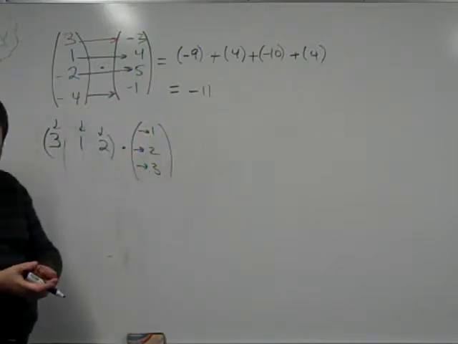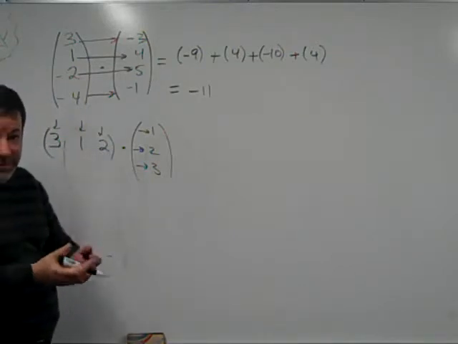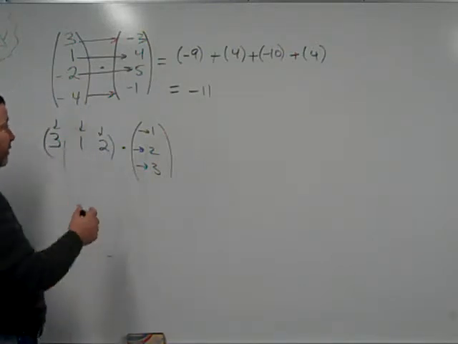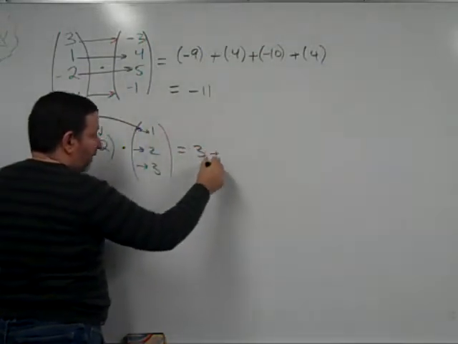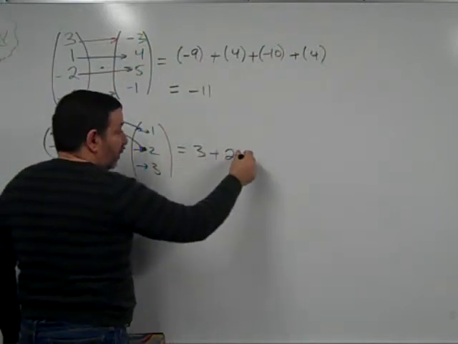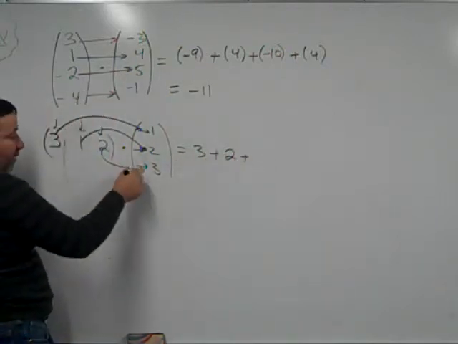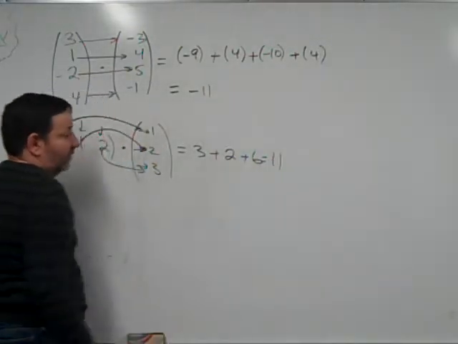You multiply the first plus multiply the second plus the result of multiplying the third. Multiply those 2, you get 3 plus. Multiply those 2, you get 2 plus. Multiply those 2, you get 6. You add them up, looks like 11.